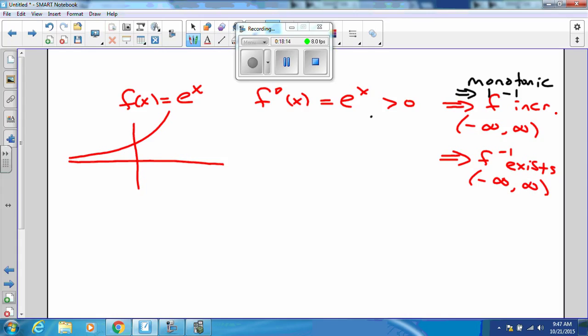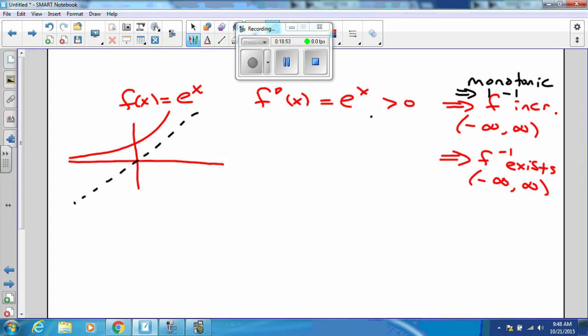Okay. Now, what can we say about this inverse? Well, let's see. What would the graph of the inverse look like? We know we have to reflect about the line y equals x. Do your best sketch of that graph. Better now?